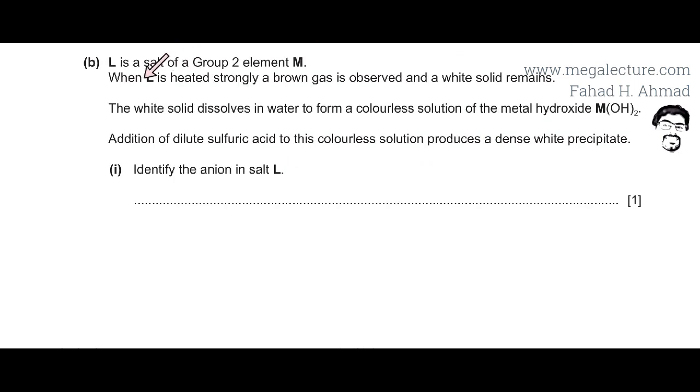Now, if you look at the very first part, L is heated strongly and a brown gas is observed and a white solid remains. So this brown gas is probably going to be NO2. NO2 is a brown gas. And this is thermal decomposition that's happening. It is heated strongly, it decomposes to produce a brown gas. So what's basically happening is this represents the decomposition of a metal nitrate.